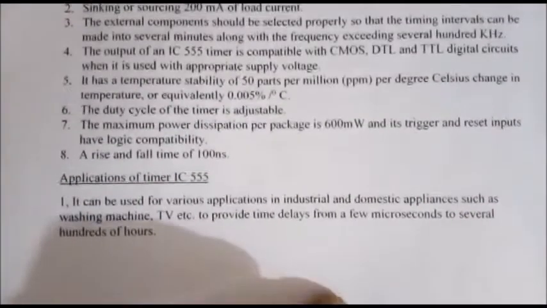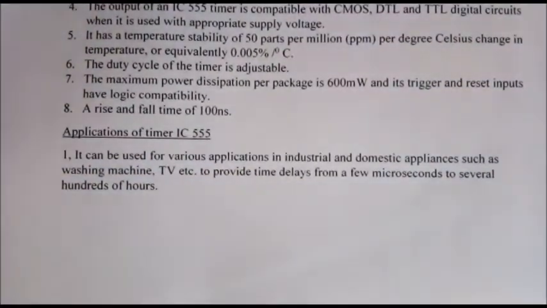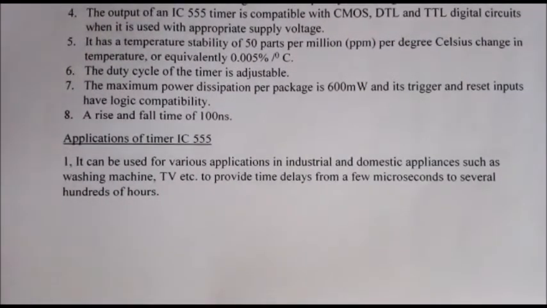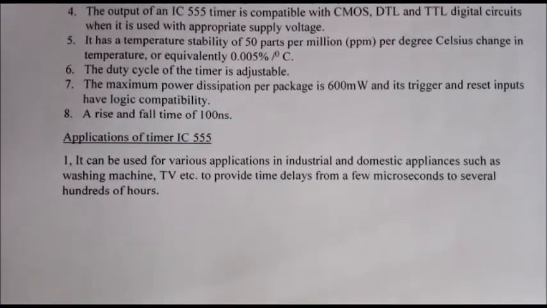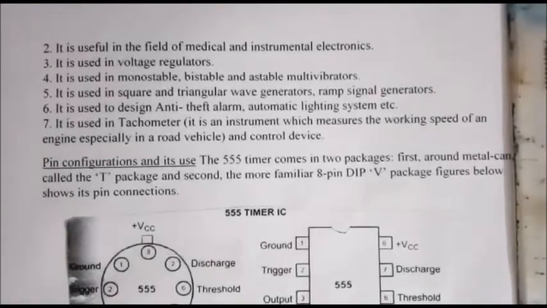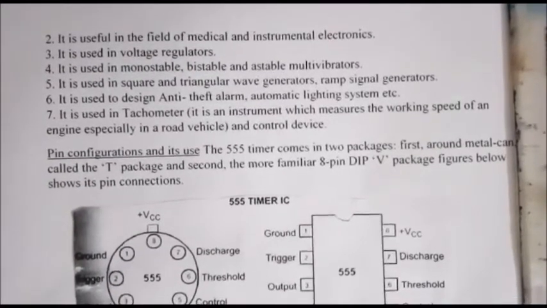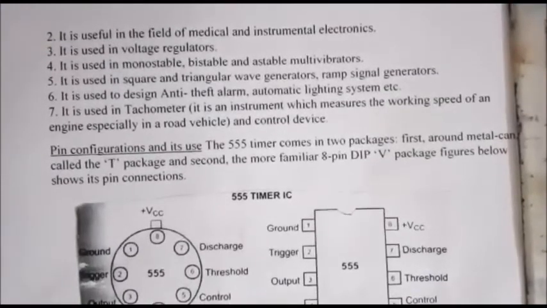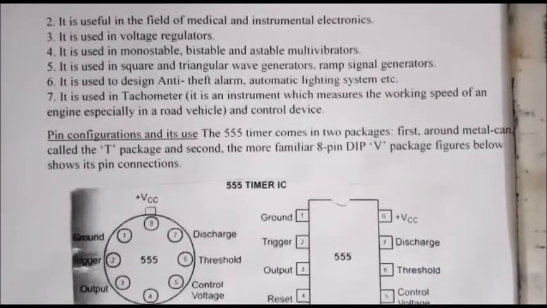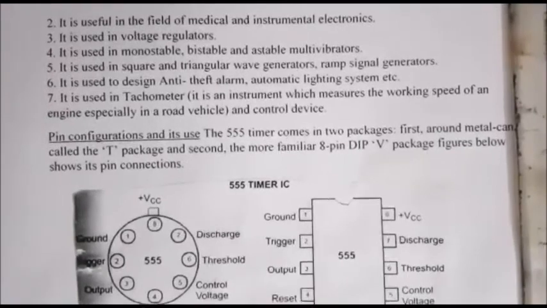Applications of timer IC555. It can be used for various applications in industrial and domestic appliances such as washing machines, TV, etc. to provide time delays from a few microseconds to several hundreds of seconds. It is useful in the field of medical and instrumental electronics. It is used in voltage regulators. Fourth, it is used in monostable, bistable and astable multivibrators.